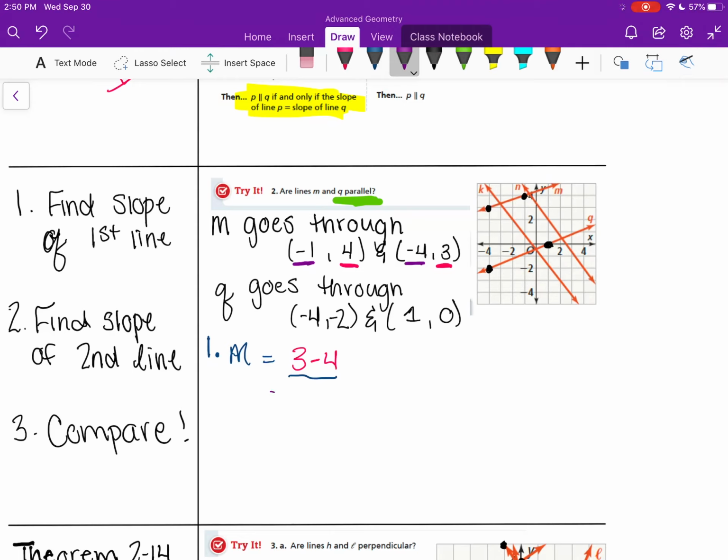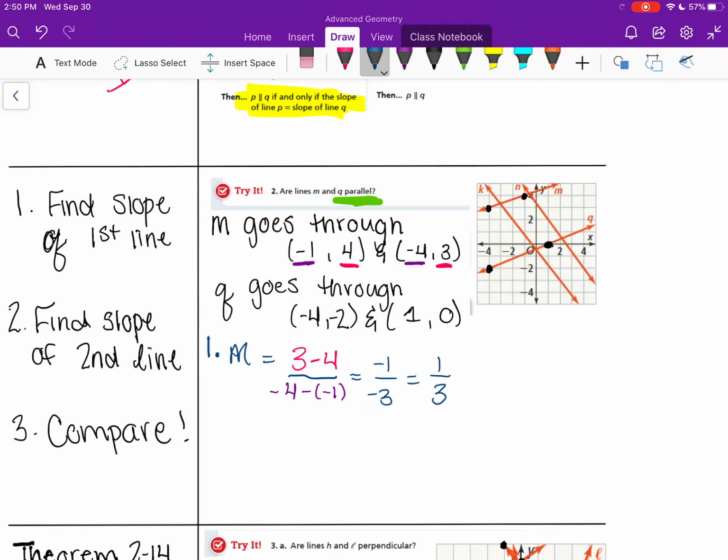Now I can calculate that, and I get negative 1 over negative 3, which, a negative divided by a negative, leaves me with a positive 1/3 as the slope of line M, which means we go up 1 and over 3.